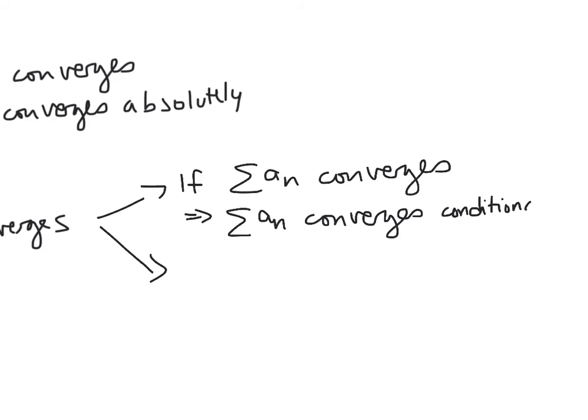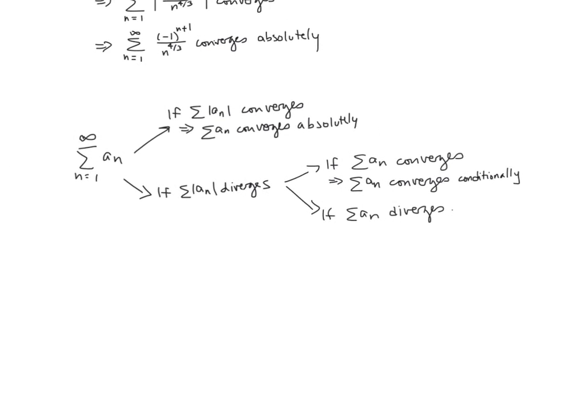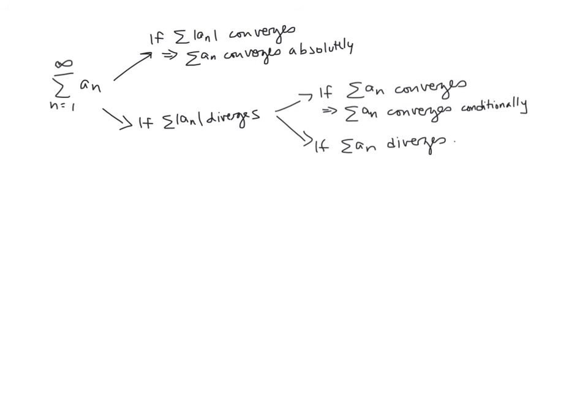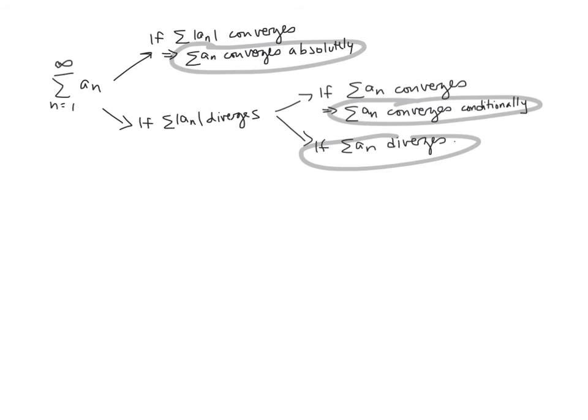And if the sum of the a_n diverges, well, that's all there is to say. The sum diverges. So that is our flowchart that we can use to determine whether it converges absolutely, conditionally, or diverges.